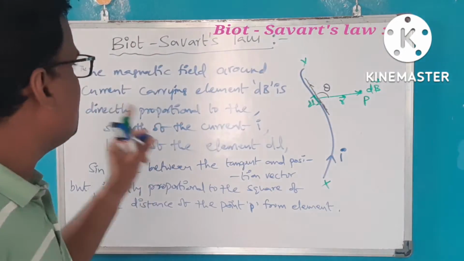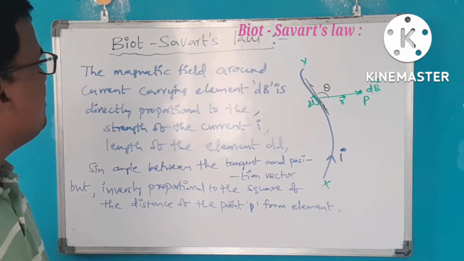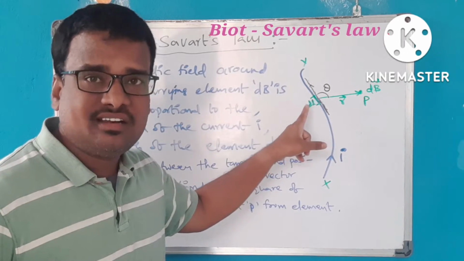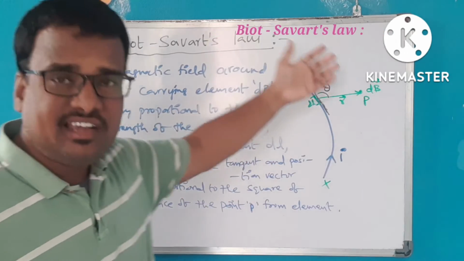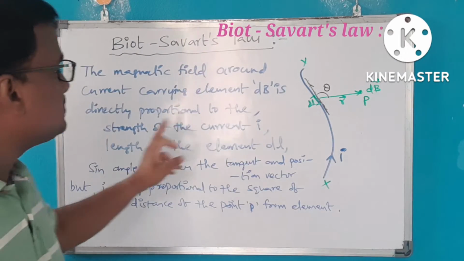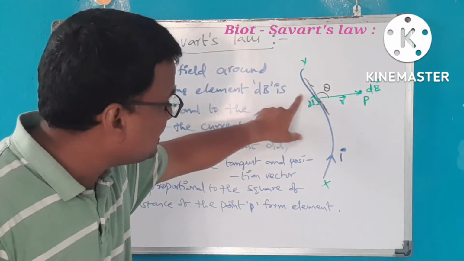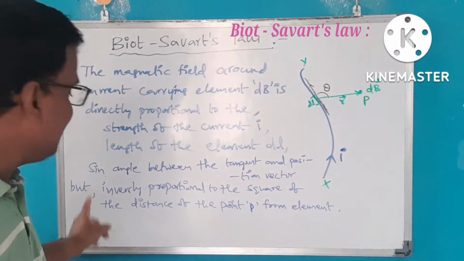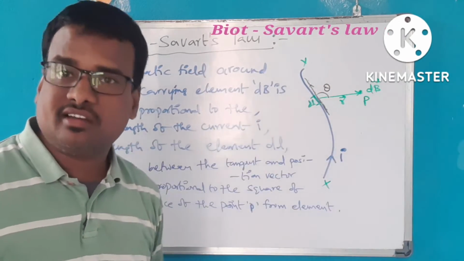Biot and Savart stated that for this current carrying conductor, the magnetic field around the current carrying element dl, at any point P, that is dB, is directly proportional to the strength of the current I, directly proportional to the length of the current carrying element dl, and also proportional to the sine of the angle theta between the tangent and the position vector r.